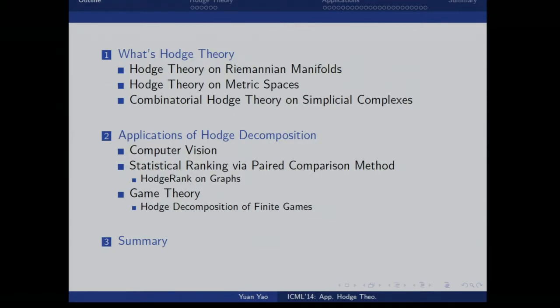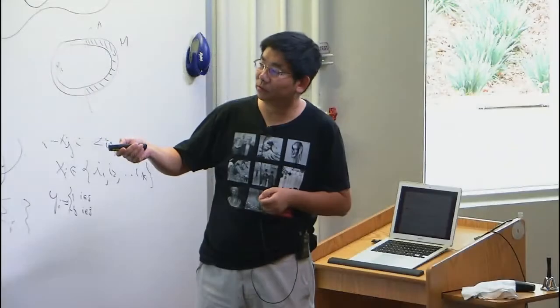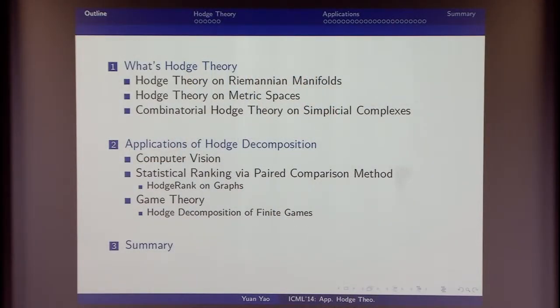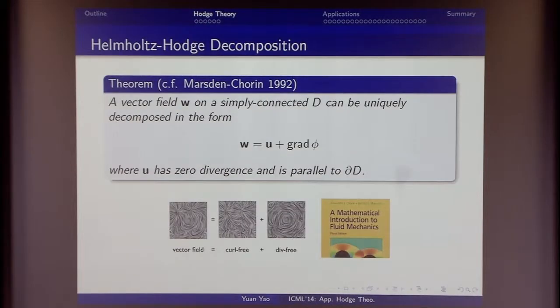And the most focus will be on combinatorial Hodge theory on simplicial complex, which will be used for various kinds of applications. In particular, I will show some applications from computer vision, statistical ranking, and game theory. So that's the basic structure of today's talk.